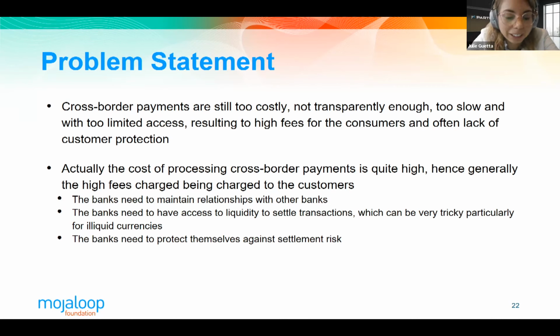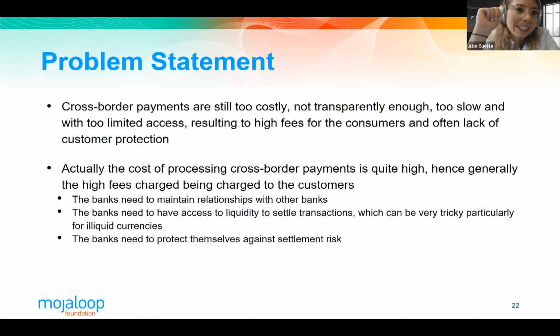And finally, costs are high because of the settlement risk. For example, let's say I want to initiate a payment to Michael. I'm based in Singapore, he is in the UK. So we need to do a conversion between Singapore dollar and GBP. My bank will say, I'm selling Singapore dollars and I'm keen to buy some GBP.